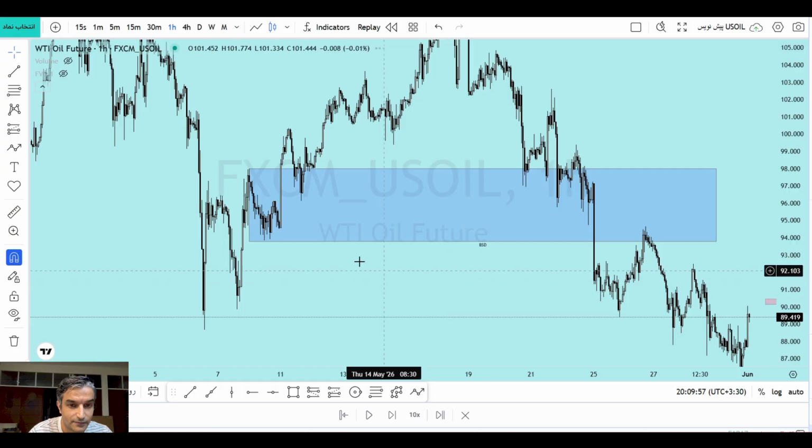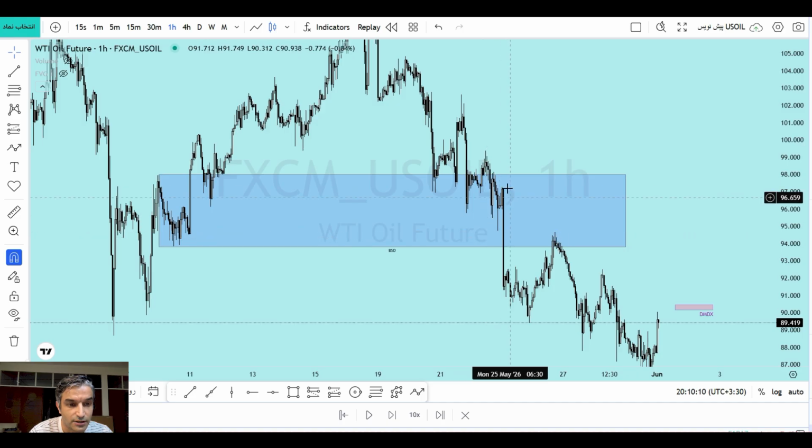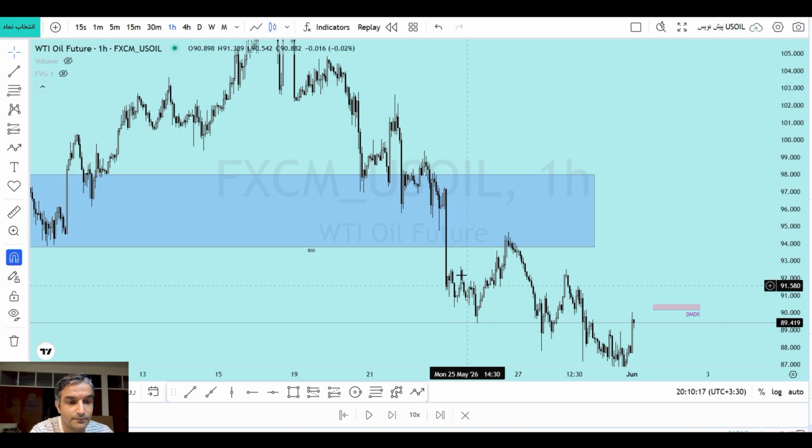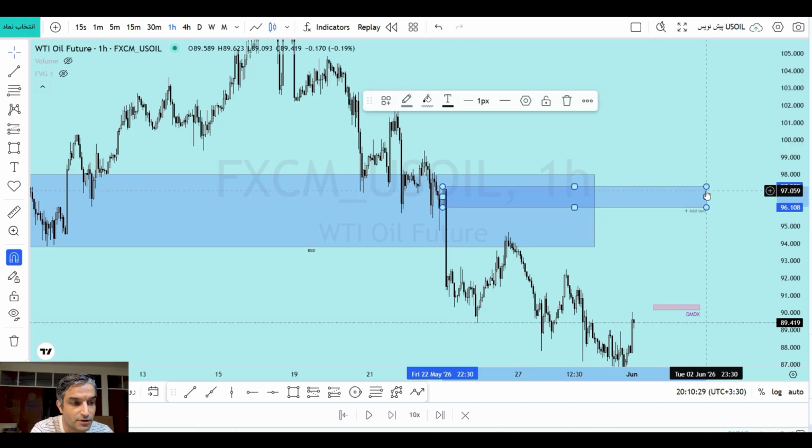As you see, this was our blind spot area in the daily time frame, and now we are in the 1 hour time frame. Price had a hard reaction to this area and broke it. So when we have a breakout like this, and we have an unmitigated block in this area, we are hopeful that price will have a reaction to this area in the future.